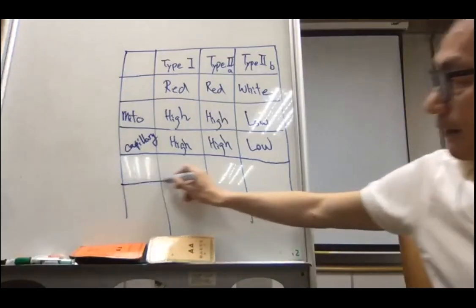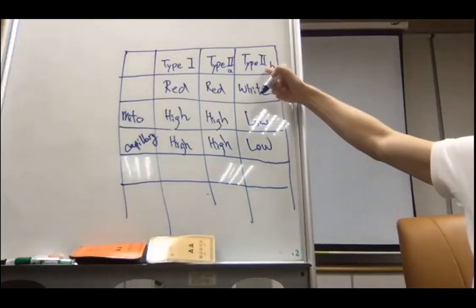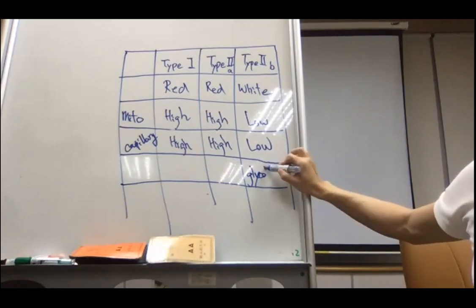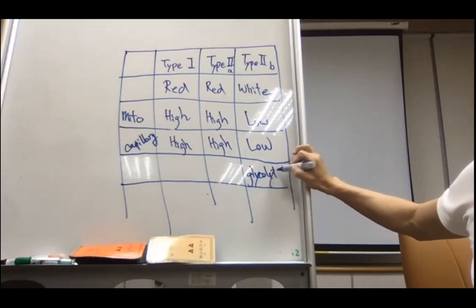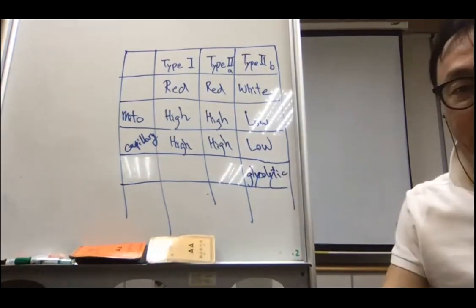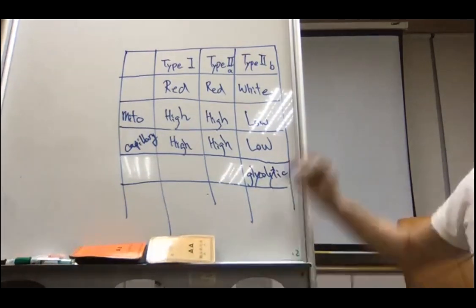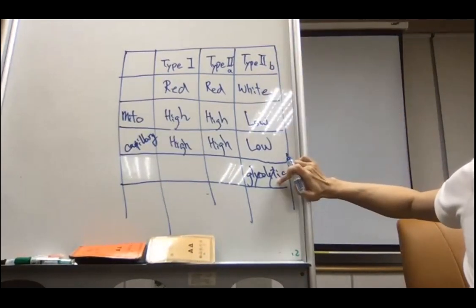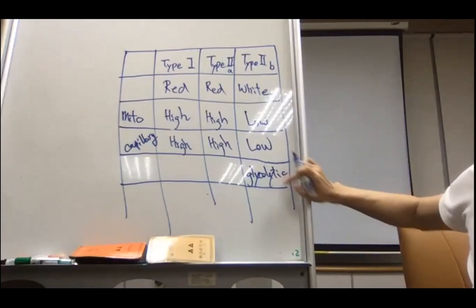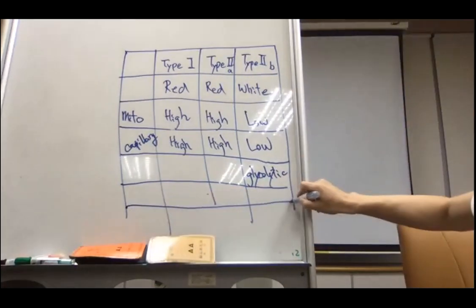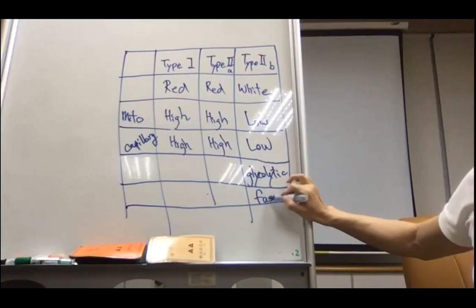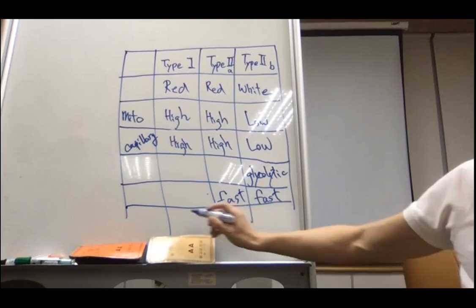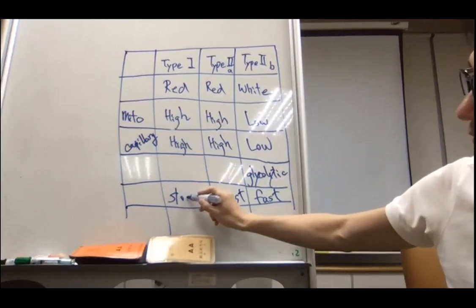So type 2B is going to rely mostly on glycolytic metabolic pathway. So we call type 2B as glycolytic fiber. And the contraction speed is very fast. And this is also fast. And this is slow.